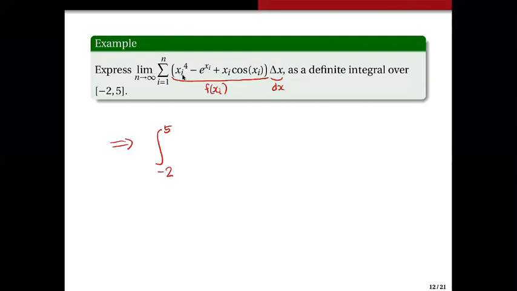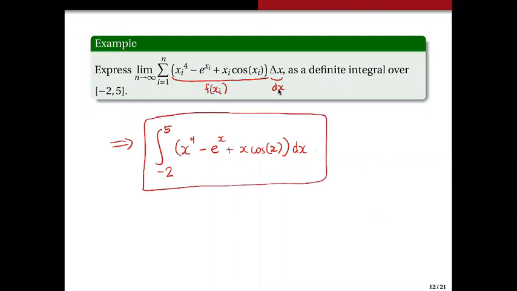So you'll just remove the subscript i on that x, and you'll just have x to the 4 minus e to the x plus x cosine x, close parentheses, and then this delta x will be converted to dx. So this is the definite integral representation of this limit.